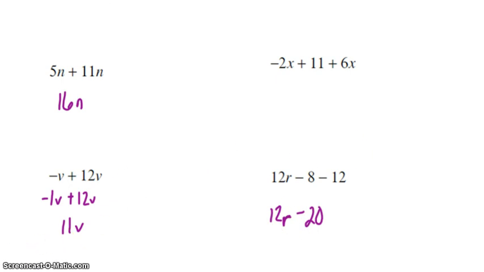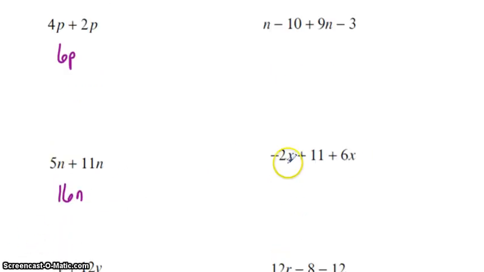All right, going on up. The next thing we have is a negative 2x plus 11 plus 6x. Because this is all addition, we can rewrite this if we needed to, but again, we are going to combine our like terms. The 11 doesn't have anything that's the same. We've got 6x over here and negative 2x over here.